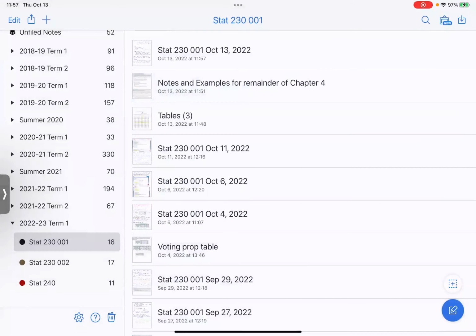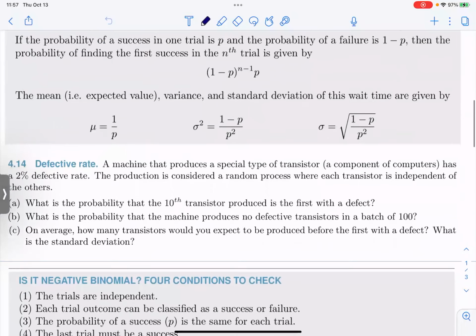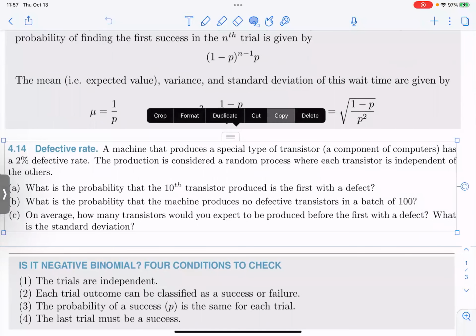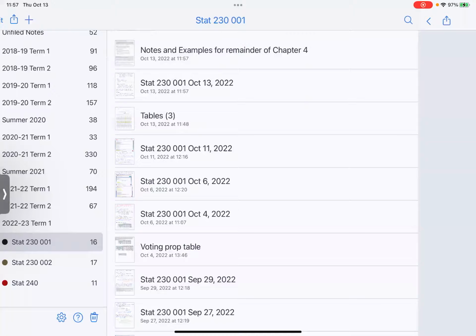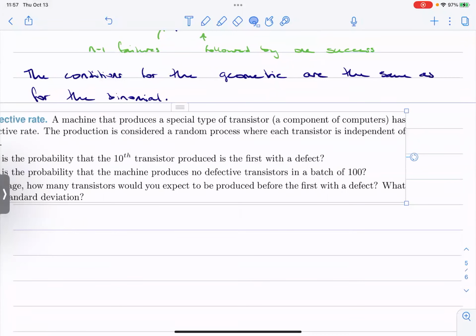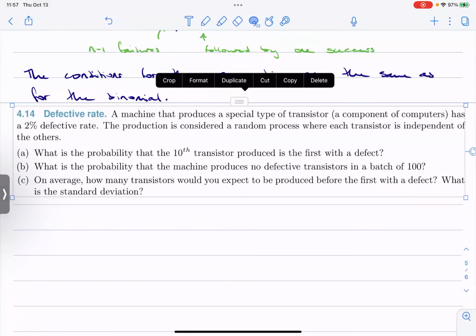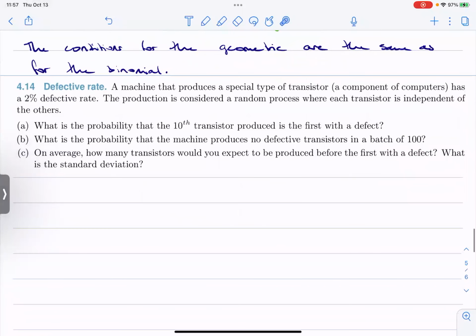So I feel like I have an example. A machine that produces a special type of transistor, which is a computer thing, has a 2% defective rate.